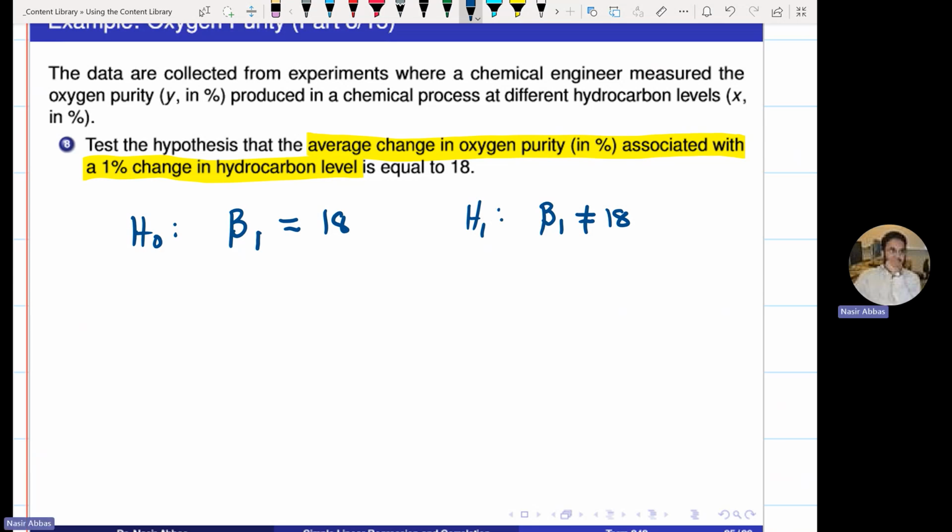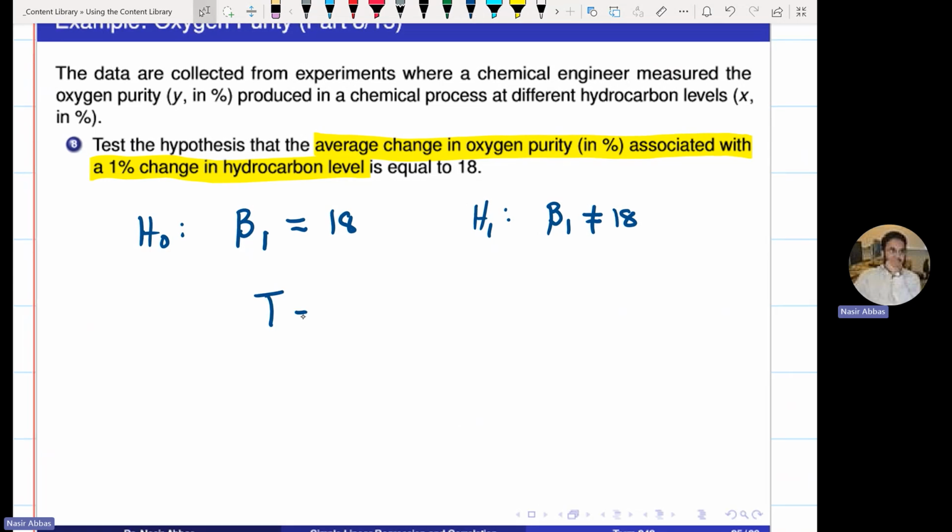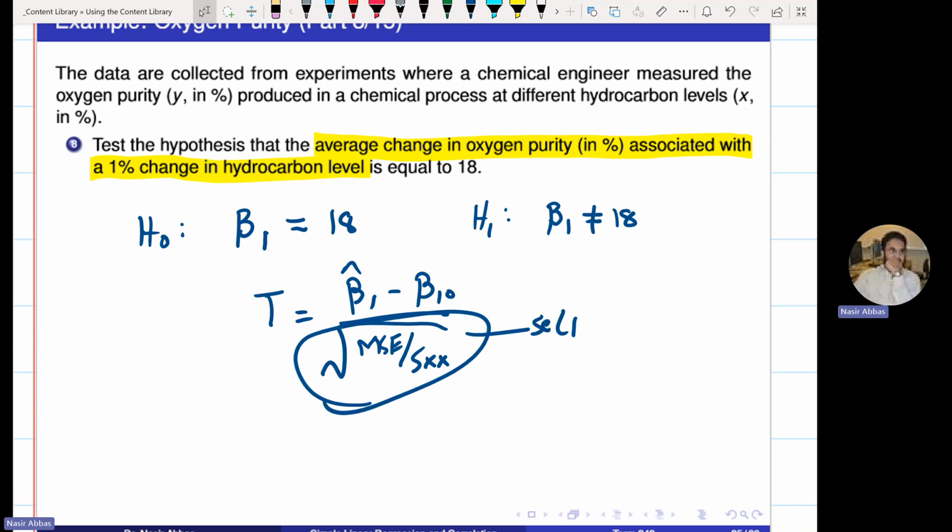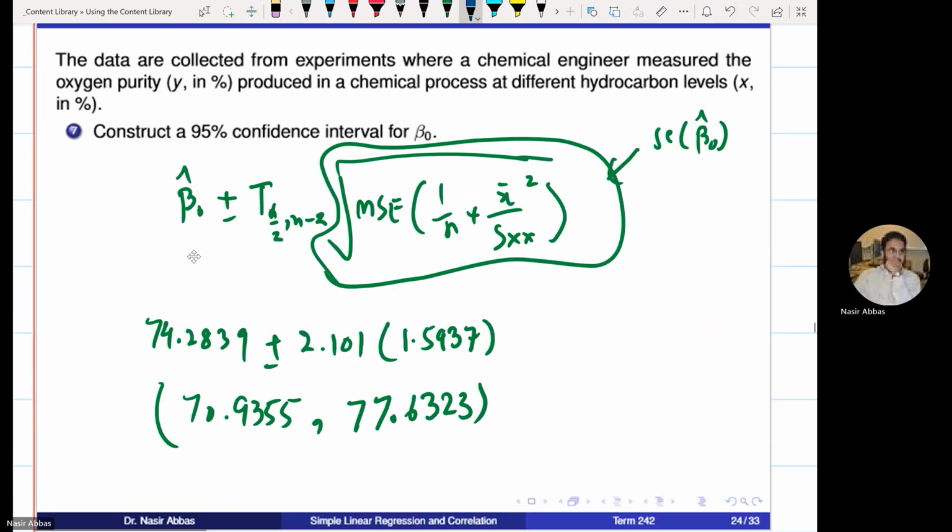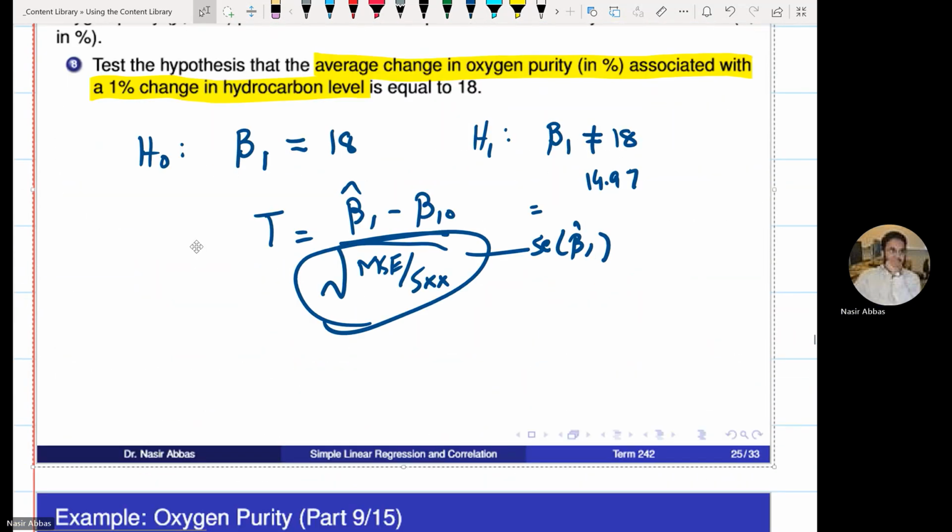Clear? Now to test this hypothesis, again, you will go to the formula sheet, and the formula sheet will give you this t statistic. It will give you beta 1 hat minus beta 1 naught over the standard error, which is the square root of MSE over SXX. This part is the standard error of beta 1 hat you have already found. You will plug everything inside. What is beta 1 hat? We got 14.947.